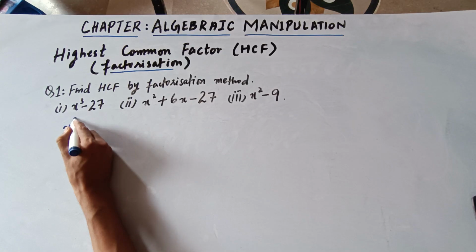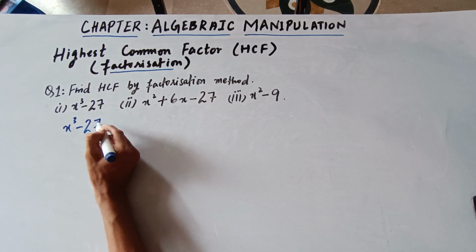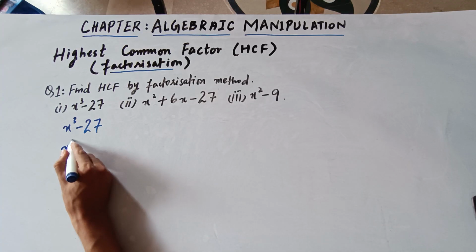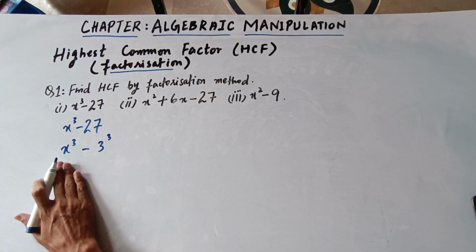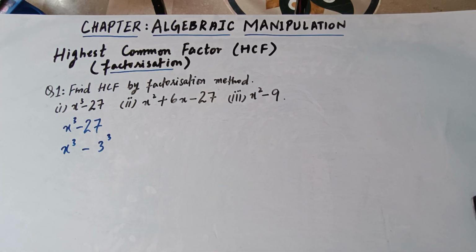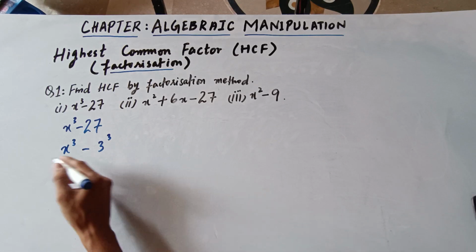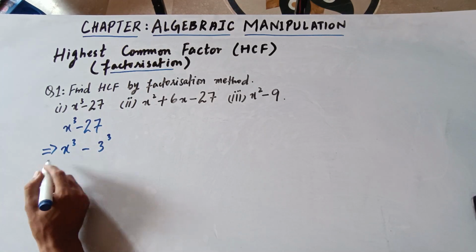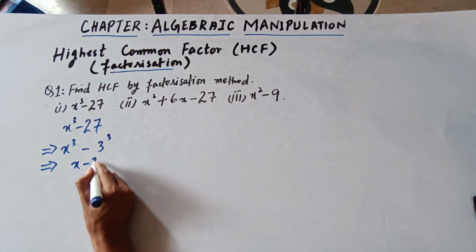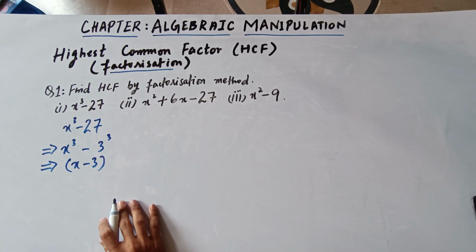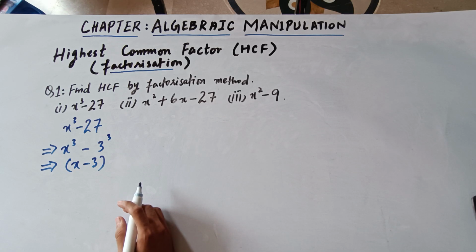So you must remember that you can write 27 as the cube of 3. Now it becomes a cube minus b cube identity. So do you remember the a cube minus b cube identity? According to that particular identity, we can open it and it will be x minus 3, that is a minus b, times a square plus ab plus b square.